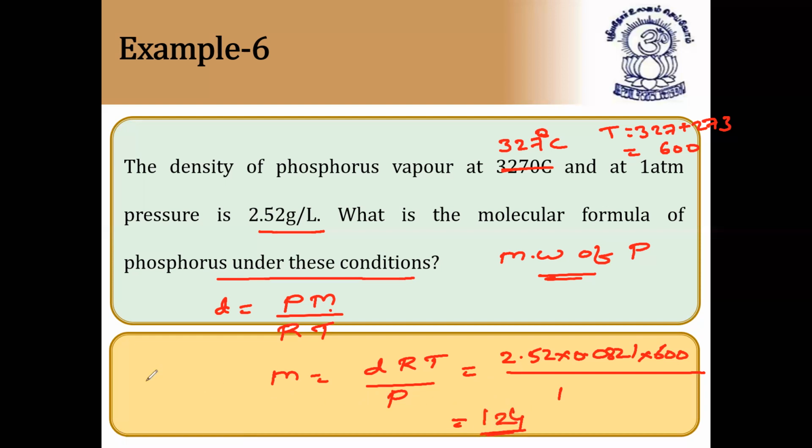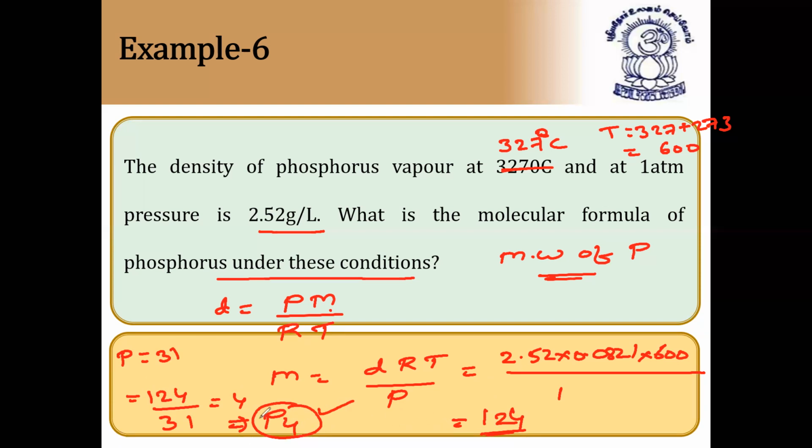Now, since the phosphorus atomic weight is 31, the formula of phosphorus is equal to 124 divided by 31, because the phosphorus atom is 31. So 124 divided by 31 is equal to 4. This implies the formula of the compound is P4, phosphorus 4 molecule.